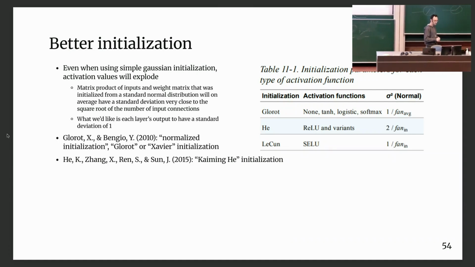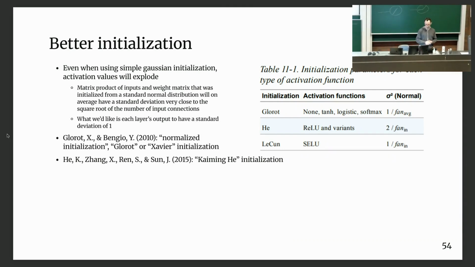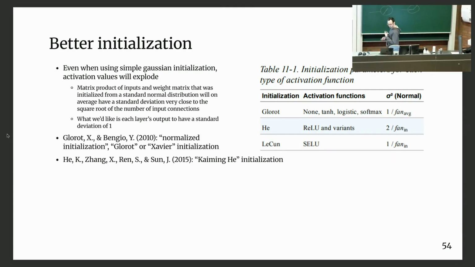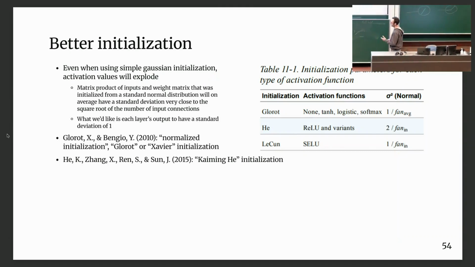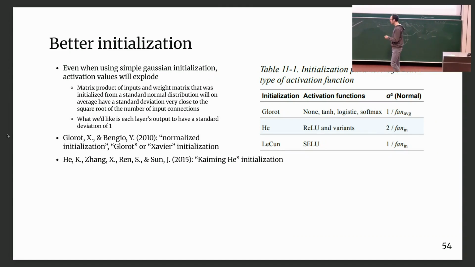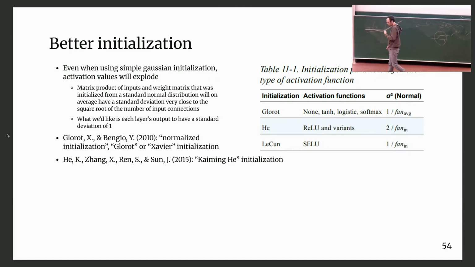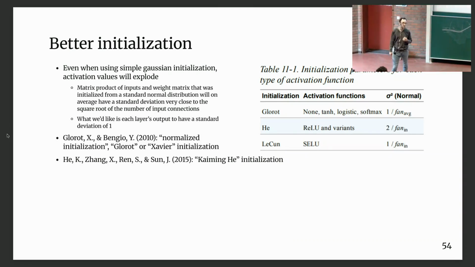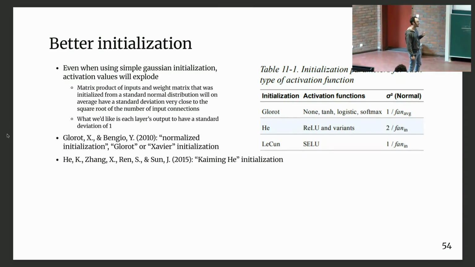Instead, what you would expect to see is that whatever layer you look at, when you take the outputs or the activations of that layer, you would like them to be well behaved and well normalized, so to have a standard deviation of 1. Meaning that it's not really the weights in that layer that should have a standard deviation of 1.